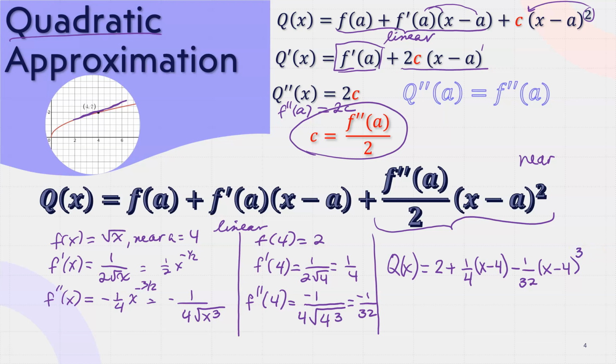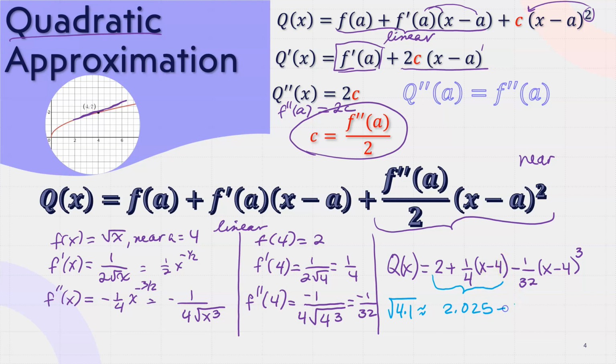Now from the previous example, we saw that the linear approximation, which is this part alone, of square root of 4.1 was going to be 2.025 as the linear part.